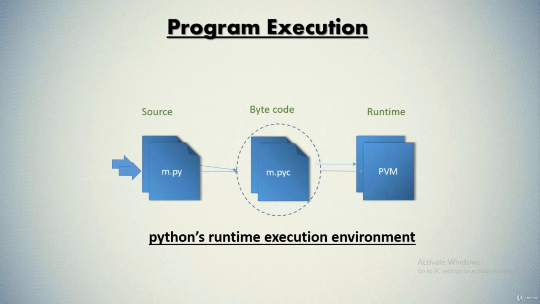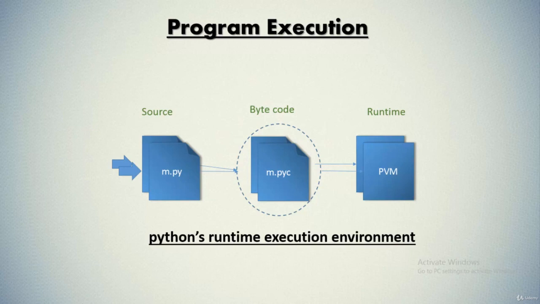Now the next step is the PVM, which stands for Python Virtual Machine. Once your program has been compiled to bytecode in the first step, it is shipped off for execution to something generally known as the Python Virtual Machine. The Python Virtual Machine sounds more impressive than it is. Really, it's not a separate program and it need not be installed by itself.